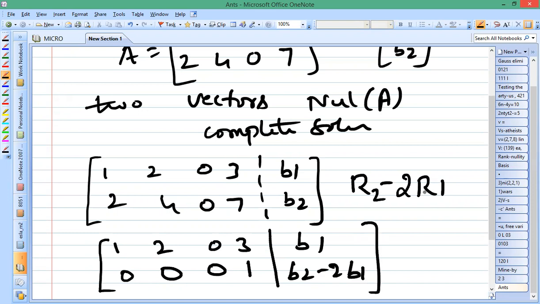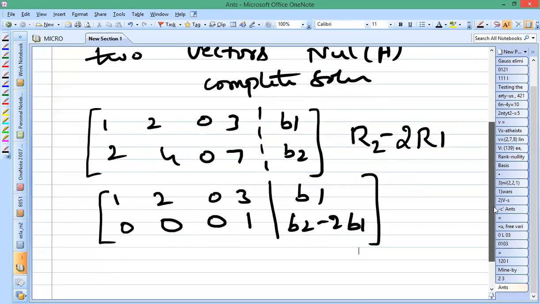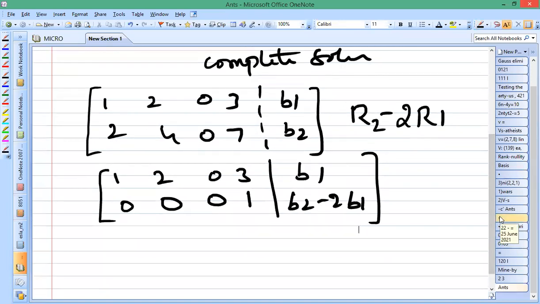Further transformations will not reduce it to zero. Observe that the pivots are present in the first column and the fourth column.